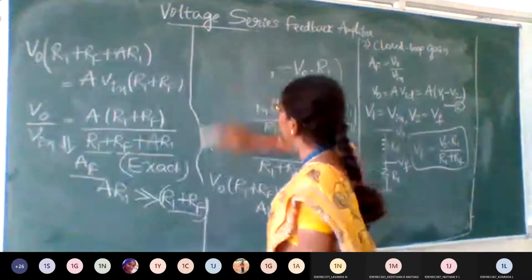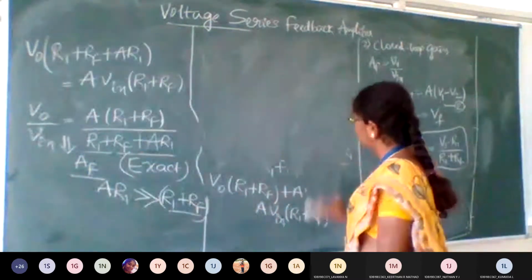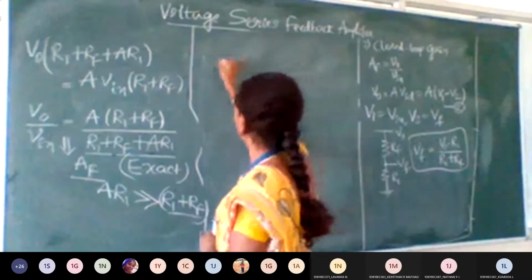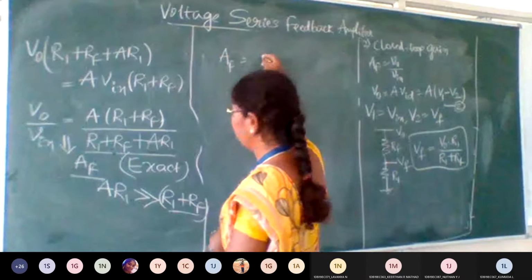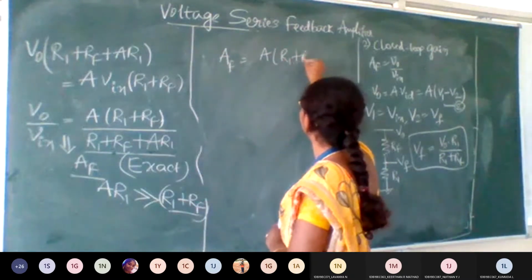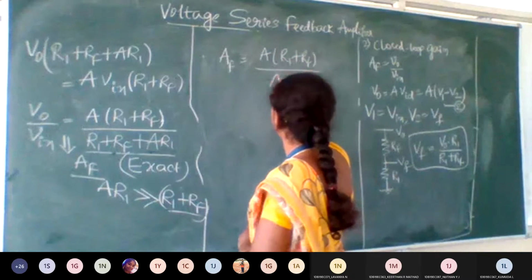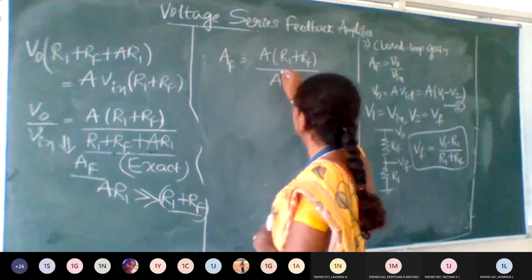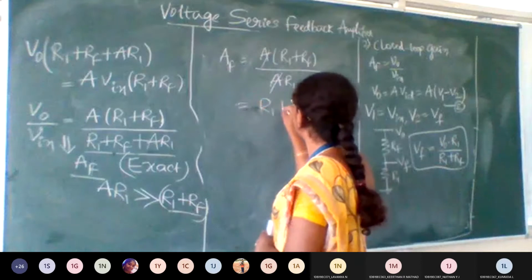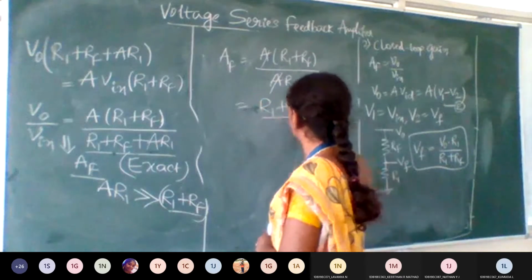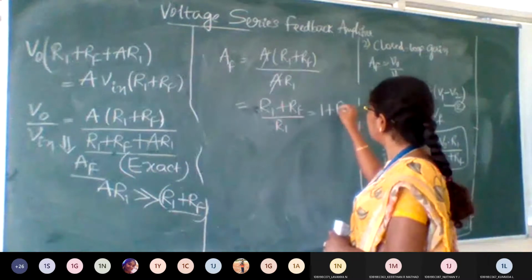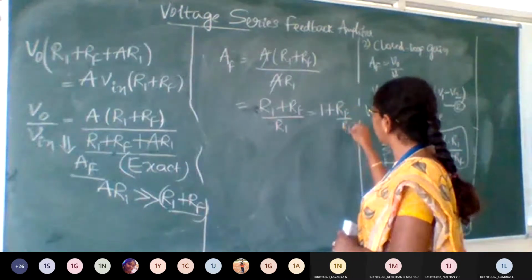I hope you have copied this also. I'll rub it off. So now AF will be A into R1 plus RF divided by AR1. So A and A get cancelled. We are left with R1 plus RF by R1. This can also be written as 1 plus RF by R1.